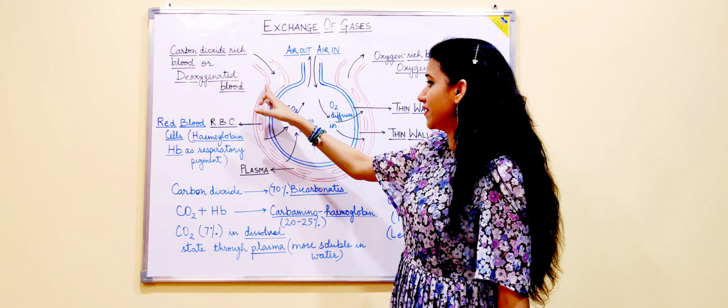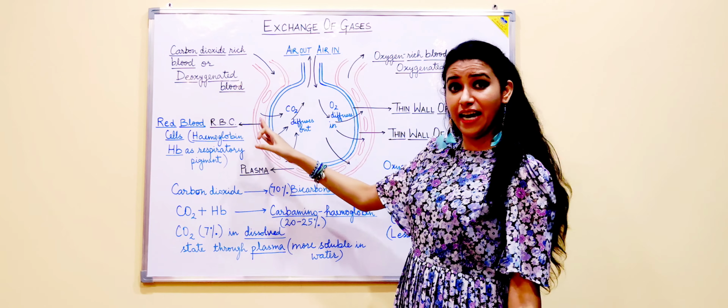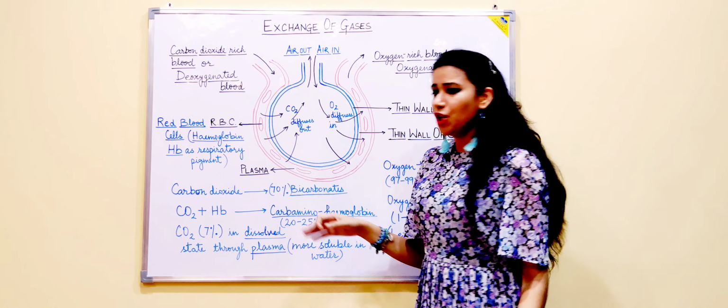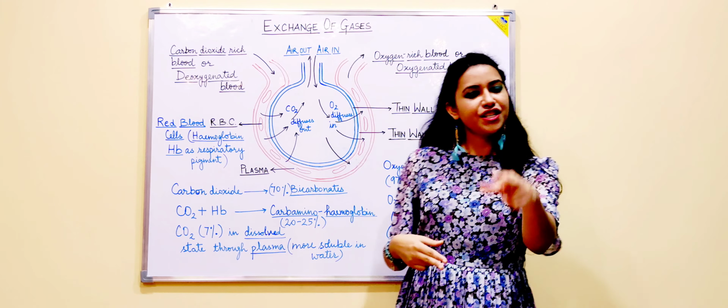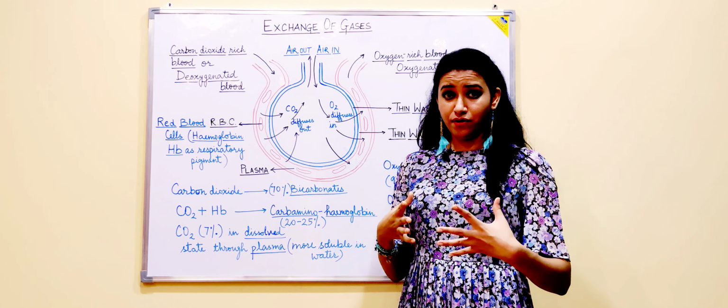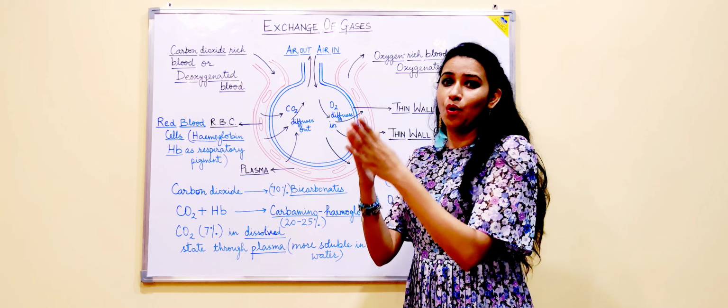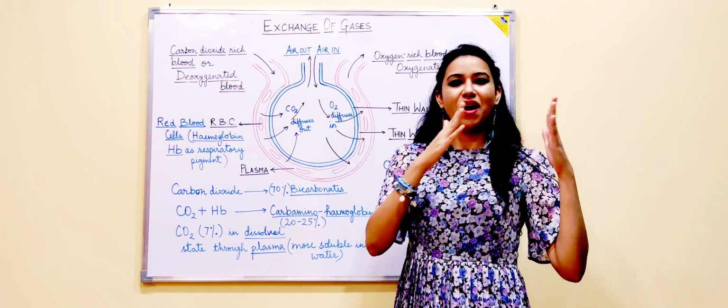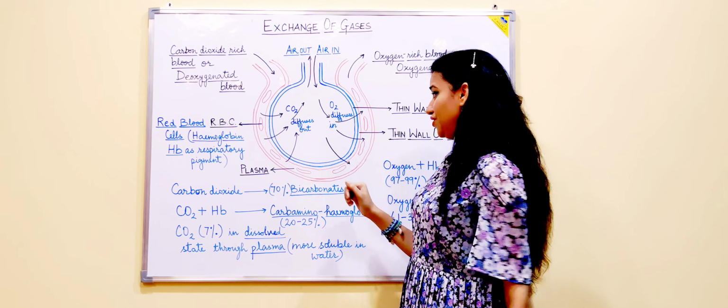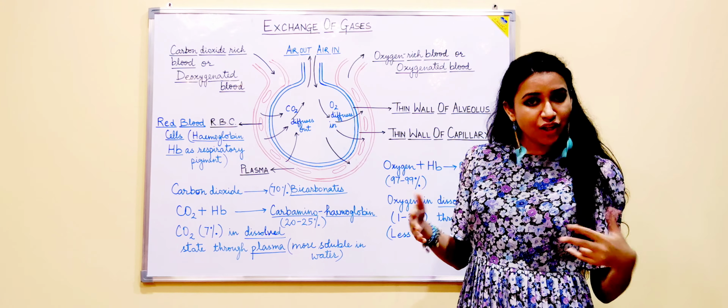So this carbon dioxide rich blood is coming in this capillary. Now we talked about diffusion and I gave you the definition of diffusion. In diffusion, the movement is always from higher concentration to lesser concentration. So where do you think the carbon dioxide would move from?